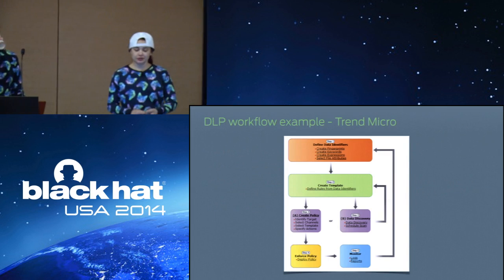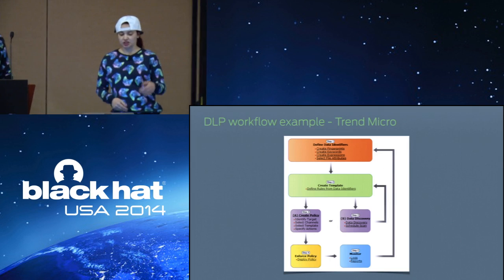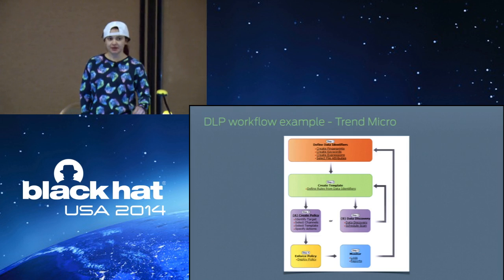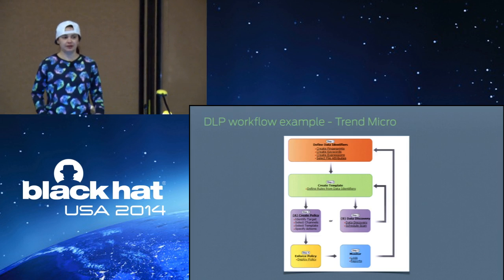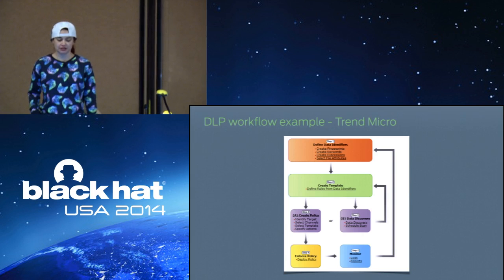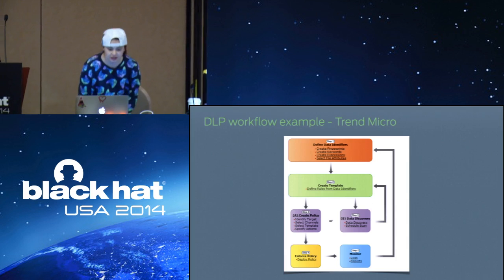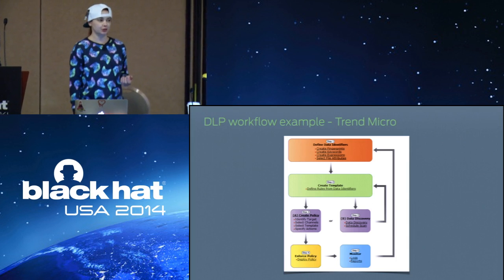So just to go through a workflow example, and this is just an example that I took from Trend Micro, but the methodology, or how you're going to spend your time in these products, is pretty much the same. I'm just going to look, pardon my stance because I have to see what I'm looking at. So you're basically going to decide what data you want to identify.